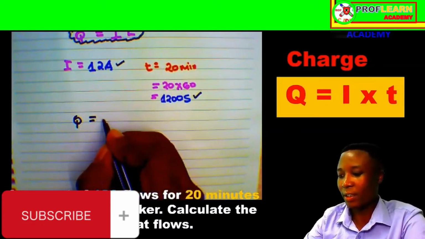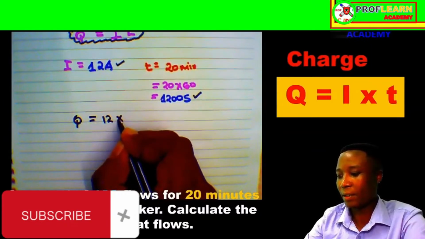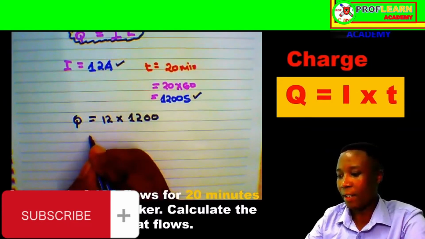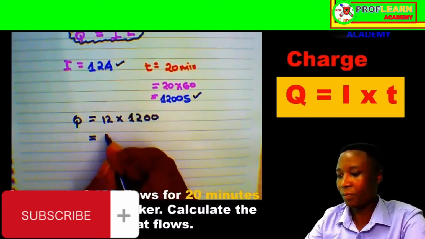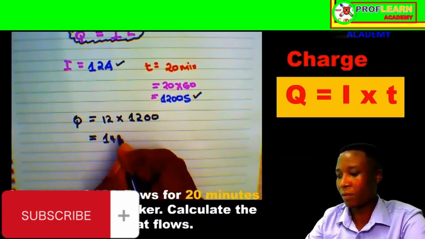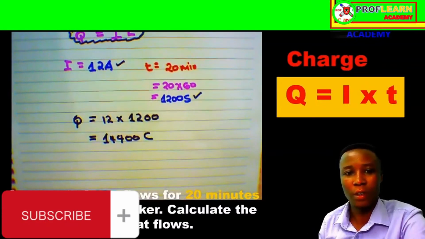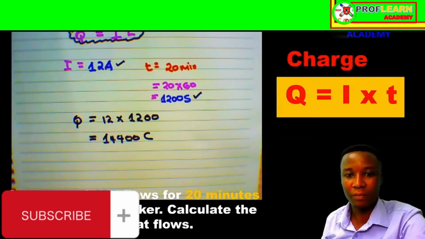So that will be 12 amperes times 1200, and if we multiply this, we get 14,400 coulombs.